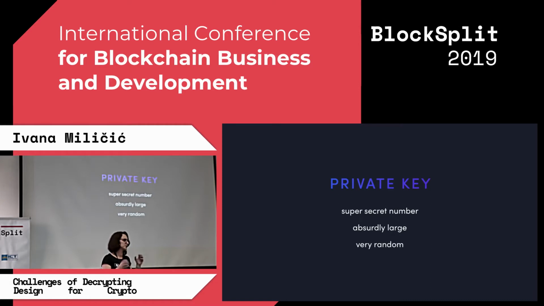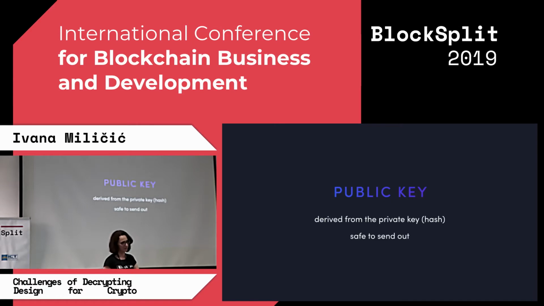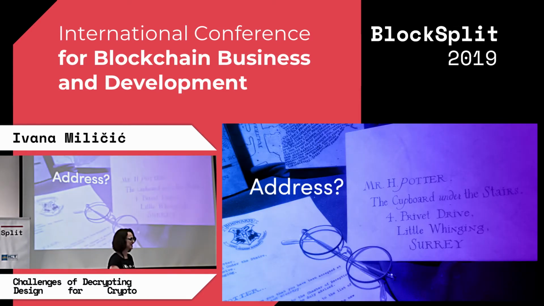That's the super, super secret number that is absurdly large and totally random. And that from that private key, the public key is generated, and that it's actually safe to send out. And that's the thing that is really hard to understand.